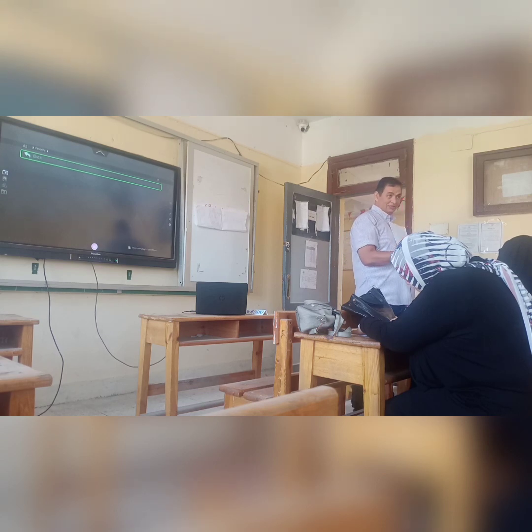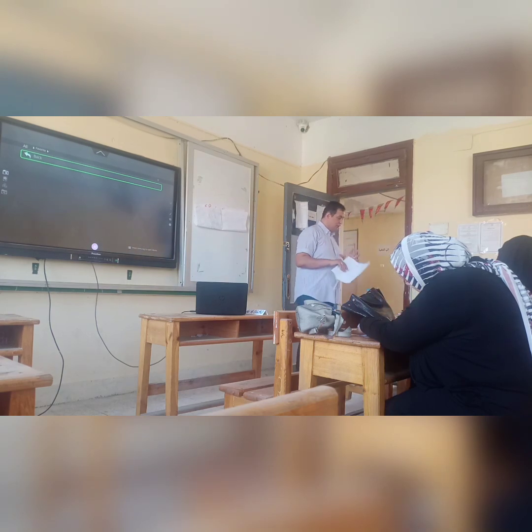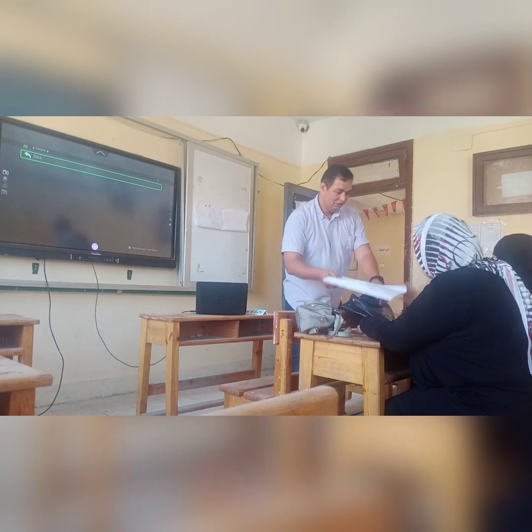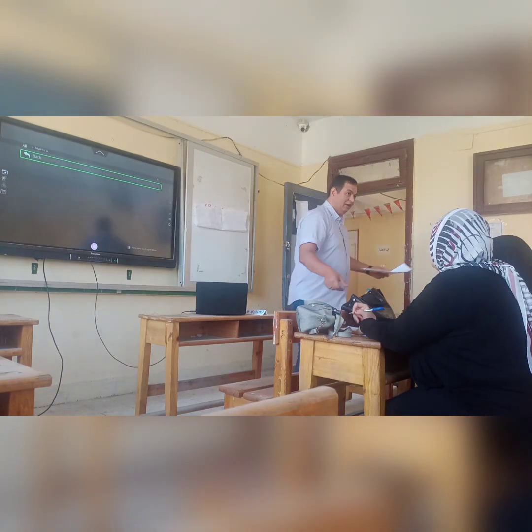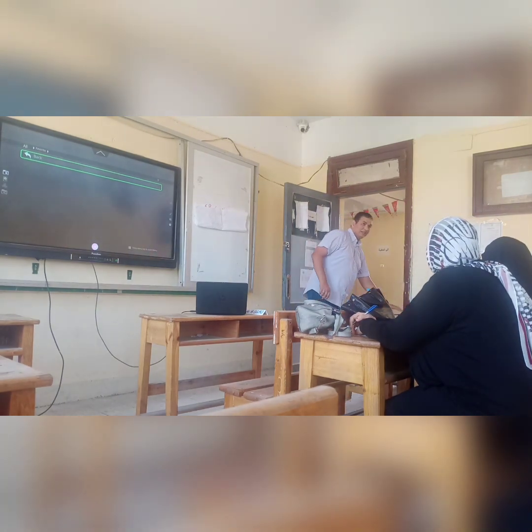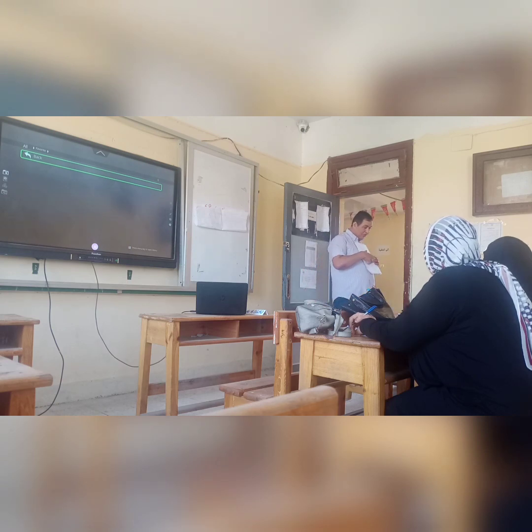Or you can wait, okay? You can do it like this. This group or this row has finished, okay? You can take the paragraphs and put it here, and you put it here, okay? Now, you can say to the first desk, you will read the paragraph and add a sentence.